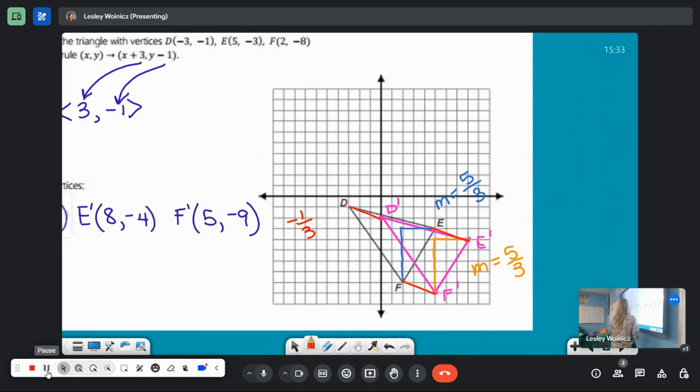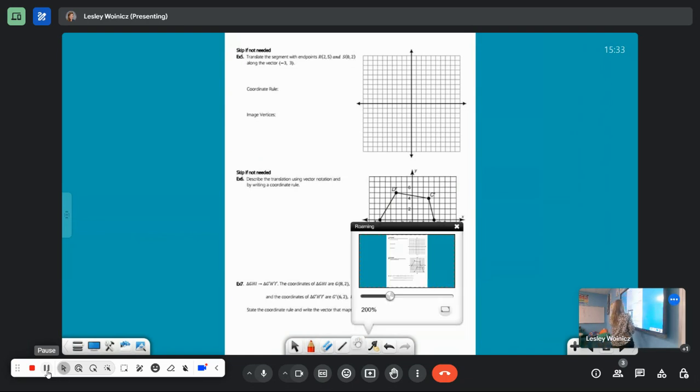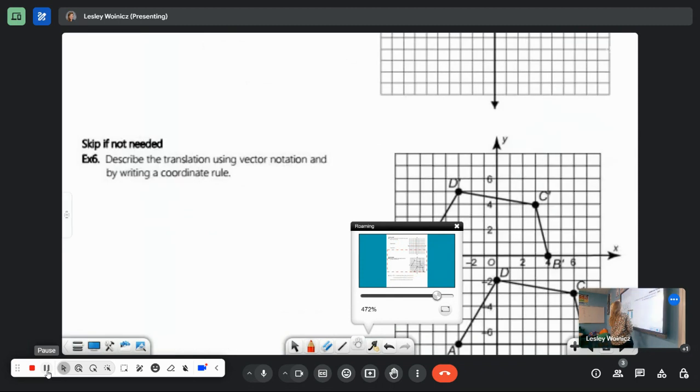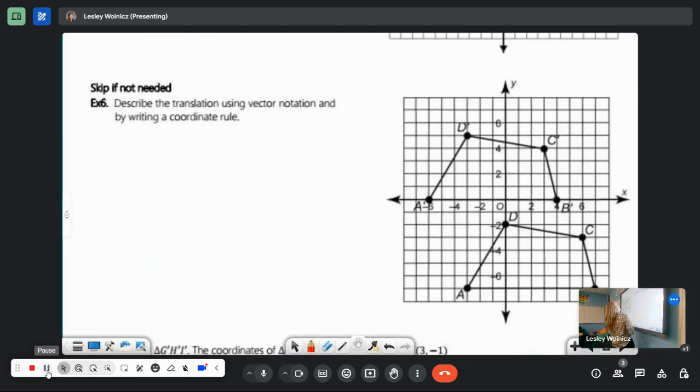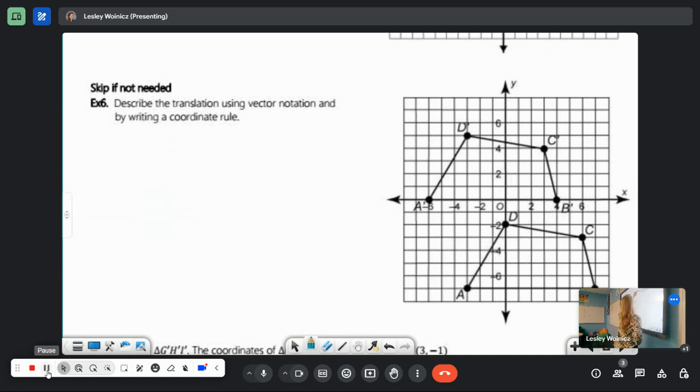Okay, let's flip. Guys, do we need to do number 5? Okay, we're going to do number 6 really quick. All right, so we want the vector, and then we also want the coordinate rule.